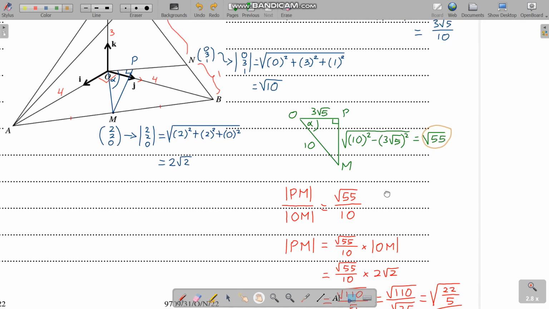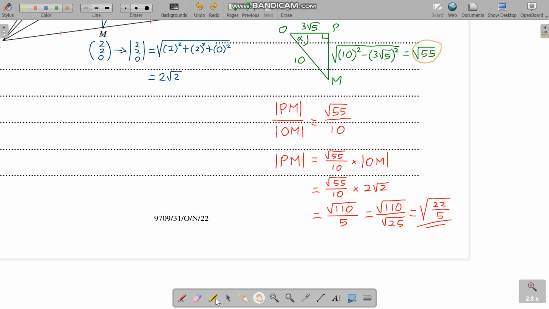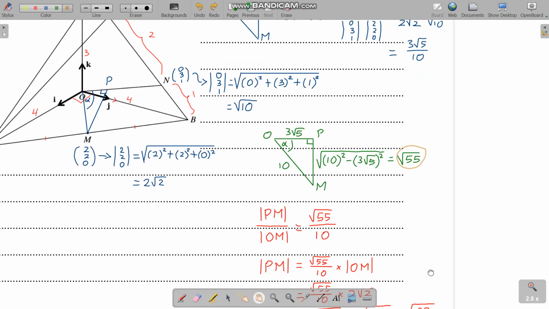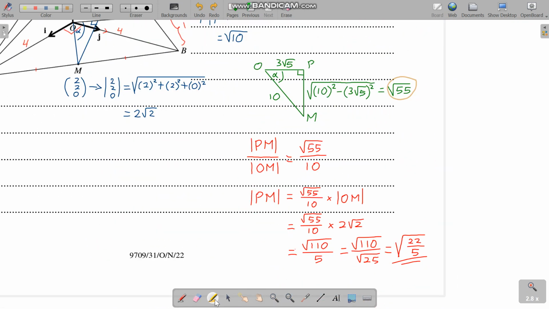Now the length PM is, therefore, you multiply both sides by the magnitude of OM. We already know the magnitude of OM is 2 root 2. This is the OM magnitude. So therefore we can just use a calculator here, but since we need to get the form we need to show, which is the square root of 22 over 5, let's just do it manually.